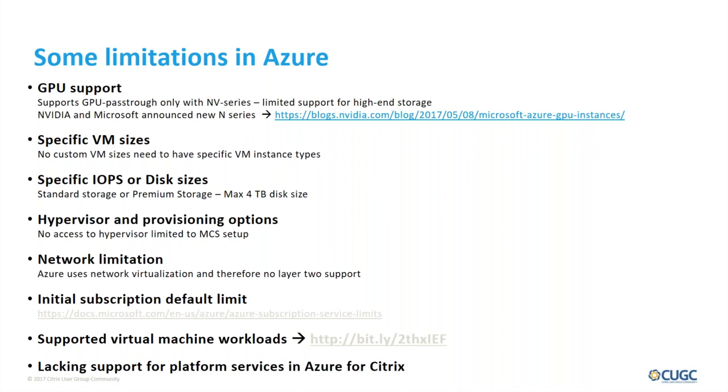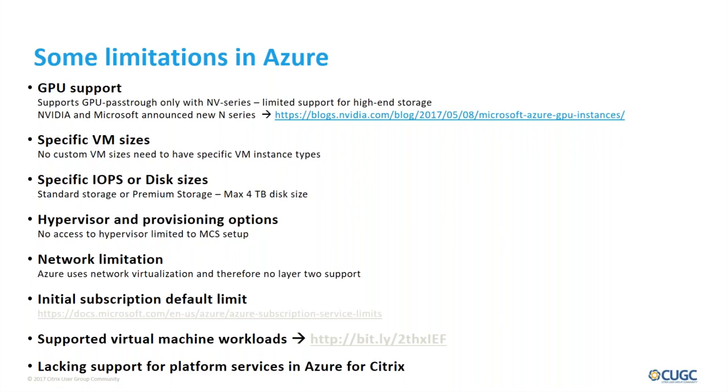Since Azure is such a large platform, and in order to overcome the limitations of traditional layer 2 networking with VLANs and so on, they use a form of network virtualization layer. Therefore, it doesn't support any layer 2 functionality that you might be used to in a traditional data center, such as an HA pair of NetScaler VPXs. When it does failover, it uses a protocol called GARP, or you may want to use virtual MAC addresses.